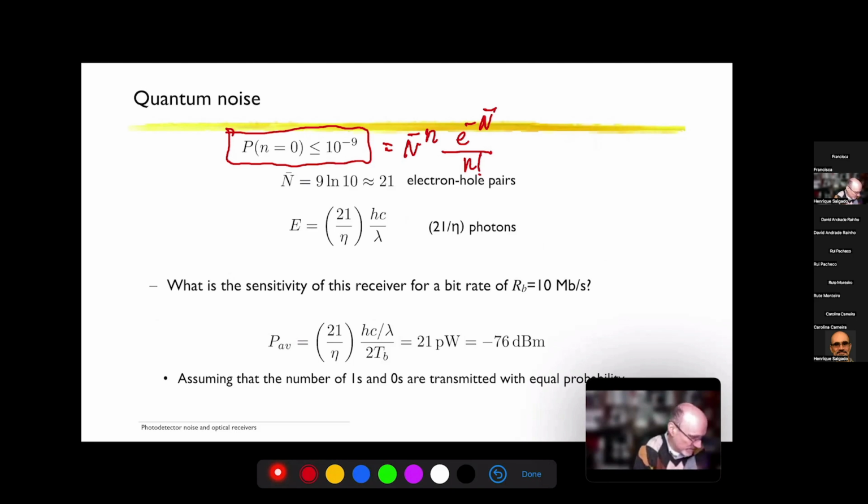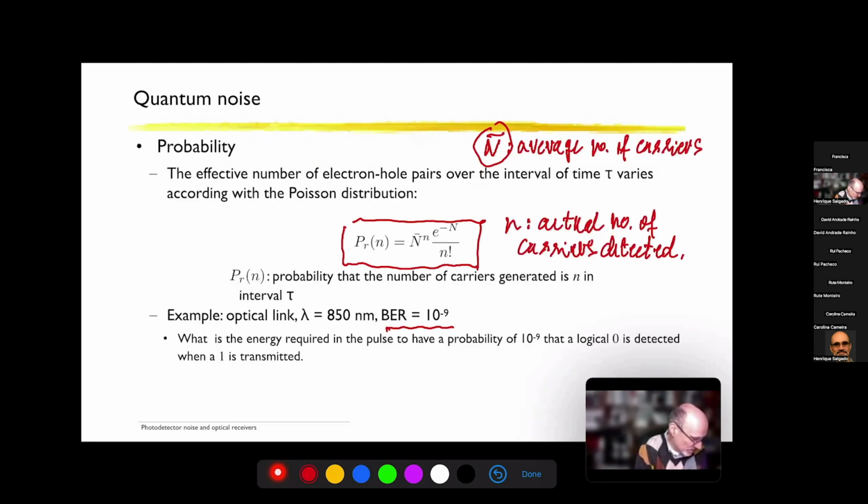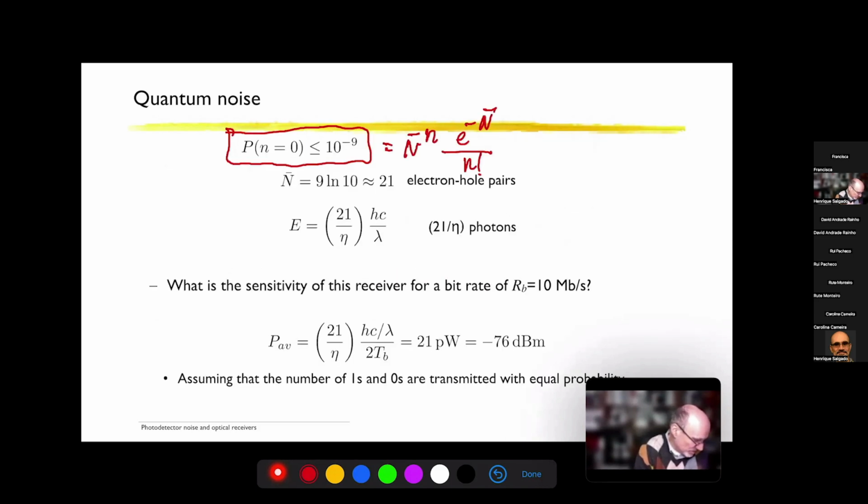For n equal to 0, this equation equals e to the minus n bar.